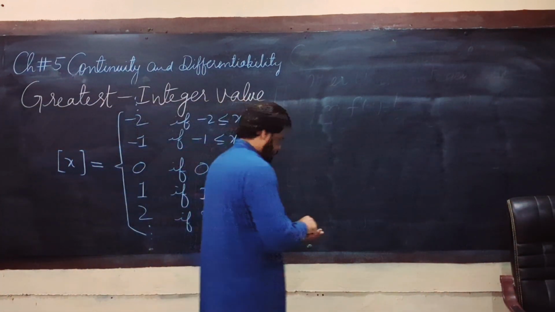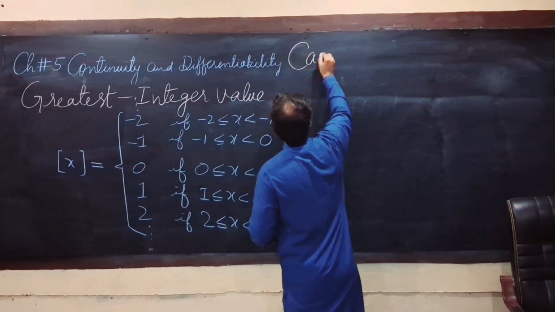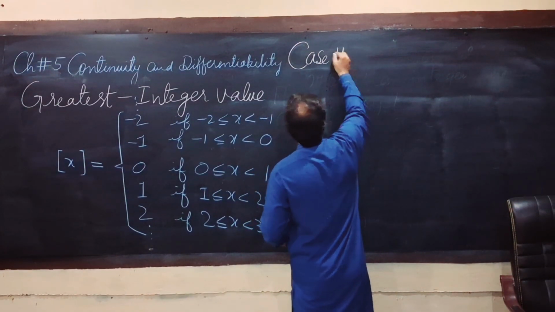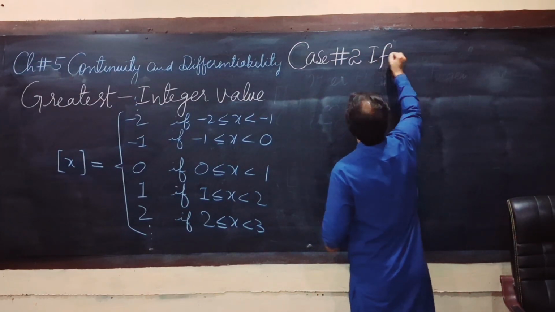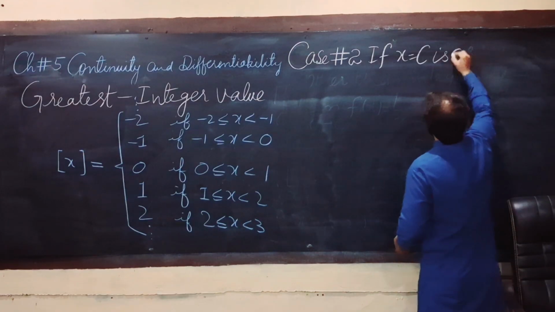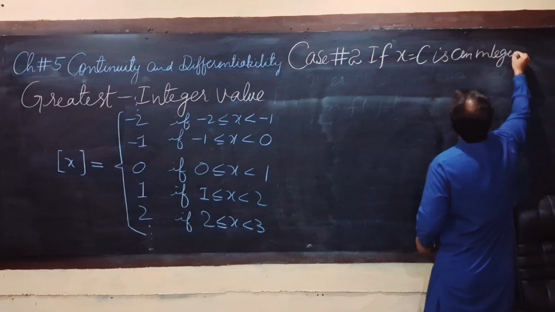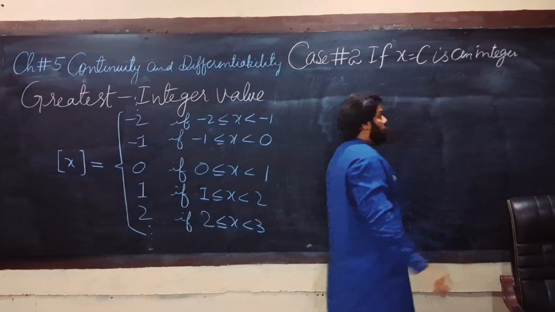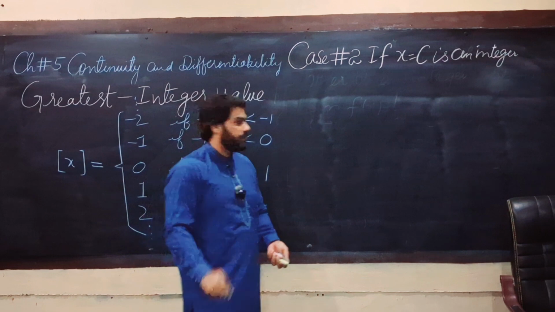Case number 2: if x equal to c is an integer, now if you find its left and right limit, both will be different.